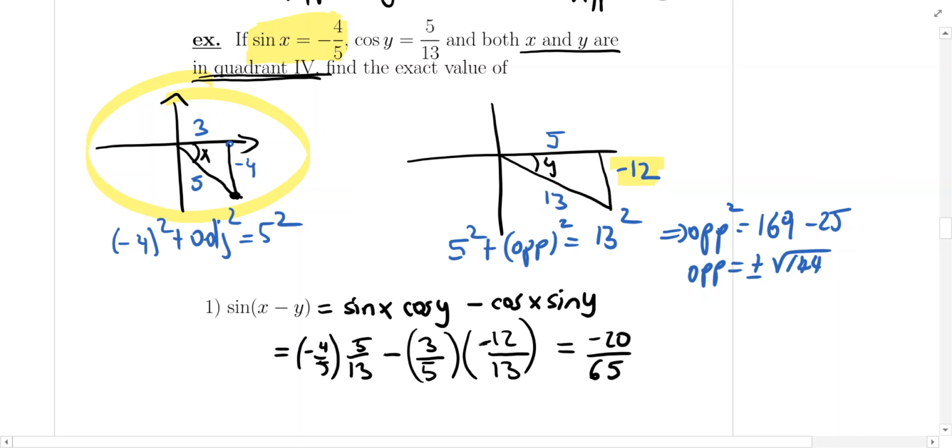I have a negative times another negative, so this is going to turn to positive 36 over 65. And when I combine these two together, I get positive 16 over 65. So this is the answer. Sine of x minus y equals this. So even though we didn't know exactly what x and y were, by using the formula for sine of u minus v, we get the actual value for sine of x minus y.